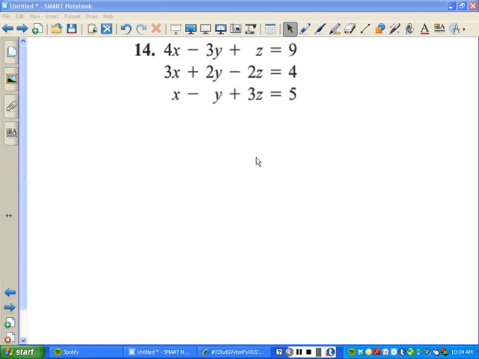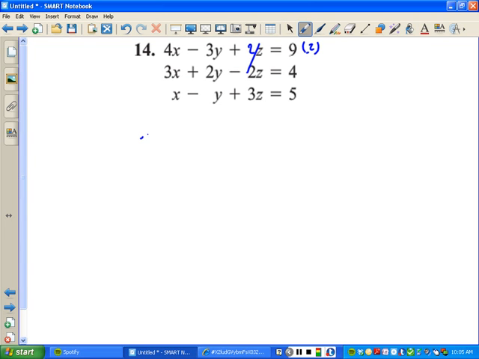Okay? So let's find out. If we multiply this equation by 2, this becomes 2z, -2z, those would cancel, right?